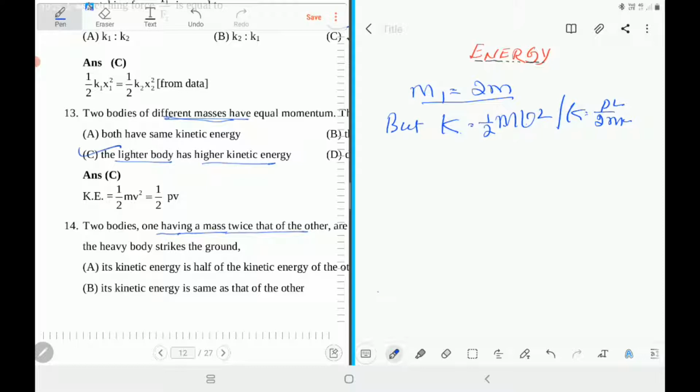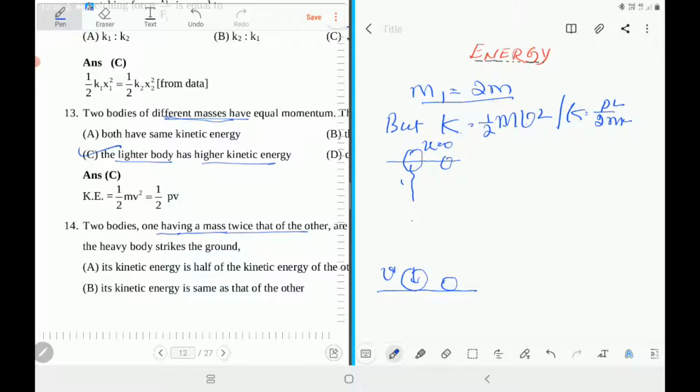What is the situation? He is taking two bodies, one twice the other, one this size, the other this size, to a certain height. The height is same for both. Been dropped from here. Dropped in the sense what? Initial velocity is 0. See, when they hit the ground, assume some velocity v.